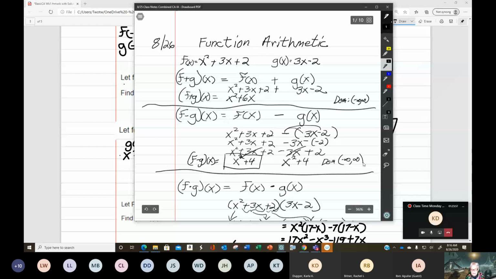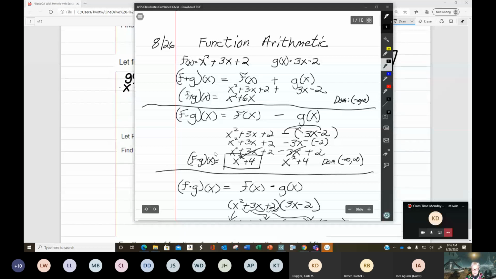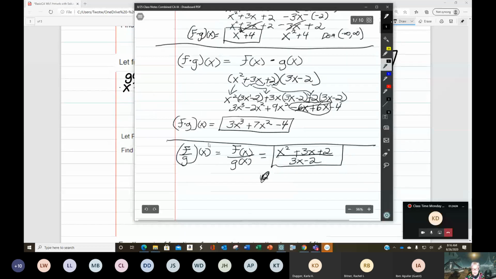My infinity signs are not perfect. And what about this answer? F times g of x, we got 3x to the third plus 7x squared minus 4. That's a polynomial. So the domain is negative infinity to positive infinity. And I forgot to write the word domain, so I'll write it over here.